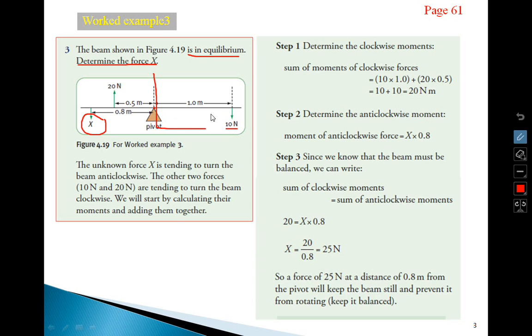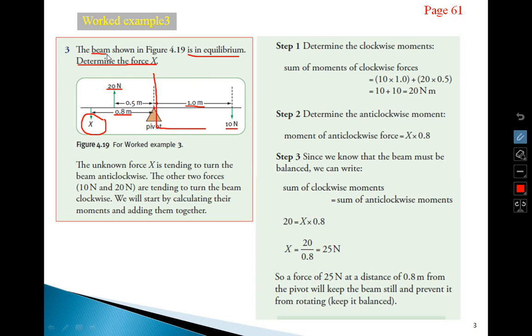On the other side, the left one, the first force is 20 Newton with distance equal to 0.5 meter, and we have another force X with distance 0.8 meter. So from the clockwise and anti-clockwise moments, we can find the value of force X. The key solution of this example is what?